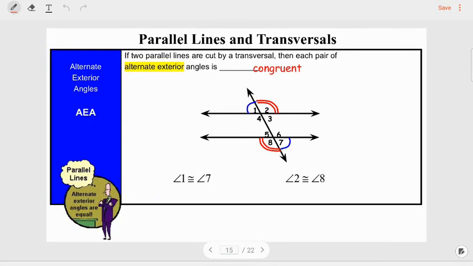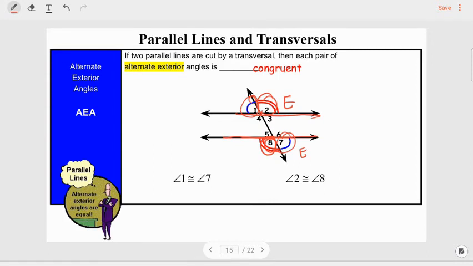And again, it doesn't matter if I look at my parallel lines going the other way. Okay, here is my parallel lines marking interior and exterior. Here's exterior, here's exterior. Alternate sides, here's angle 8, also on the exterior, but not on the same intersection, angle 2. So angle 2 and angle 8, angle 1 and angle 7.